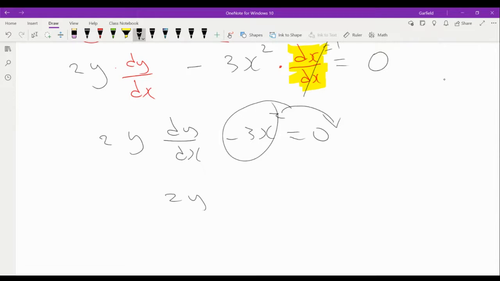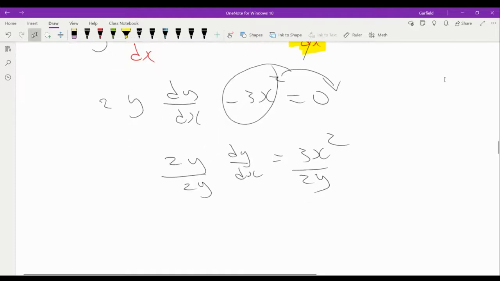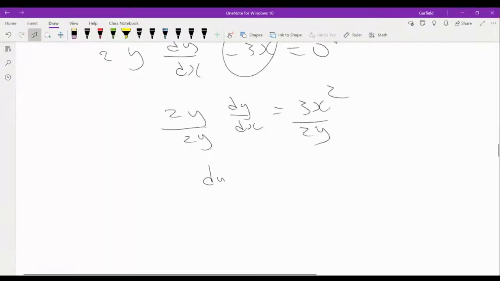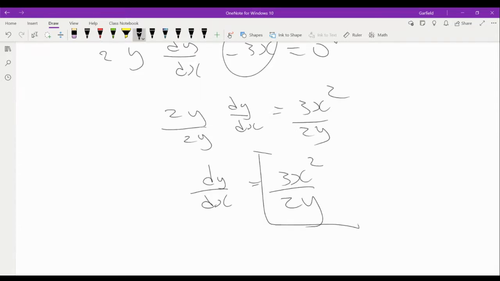So we have 2y dy by dx is equal to 3x squared. And then we can divide everything by 2y. So dy by dx is equal to 3x squared over 2y. So that would have been part A of your answer. Find dy by dx.